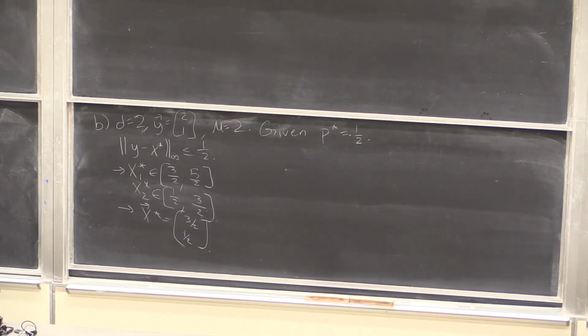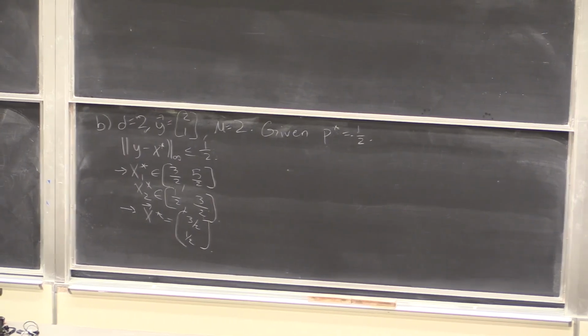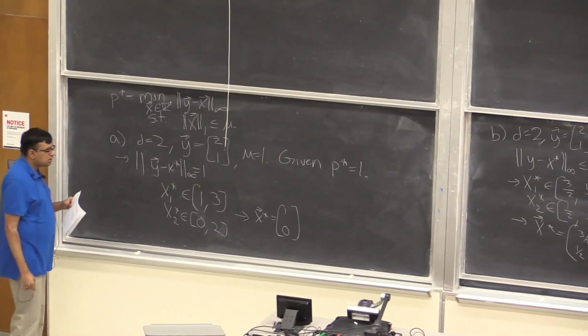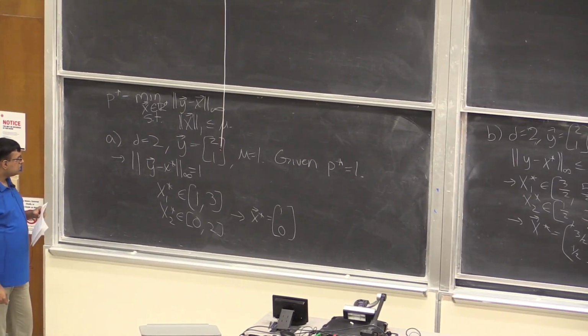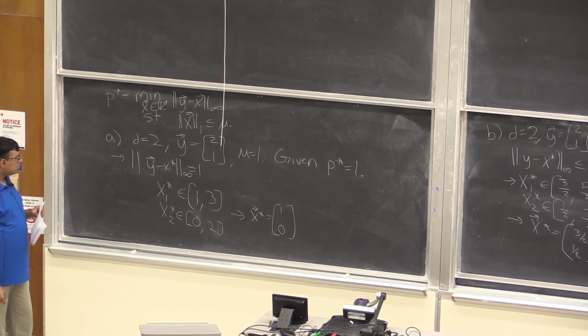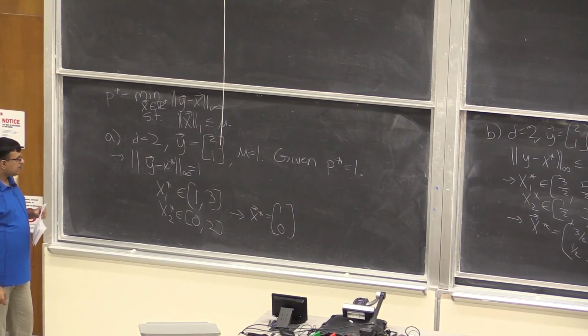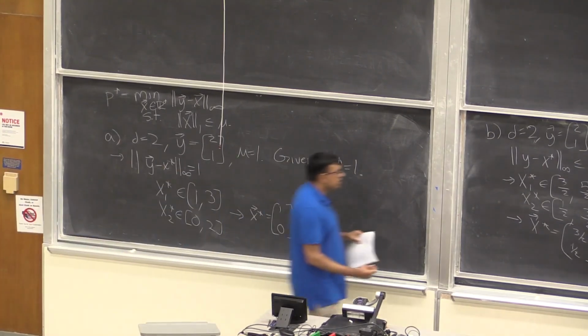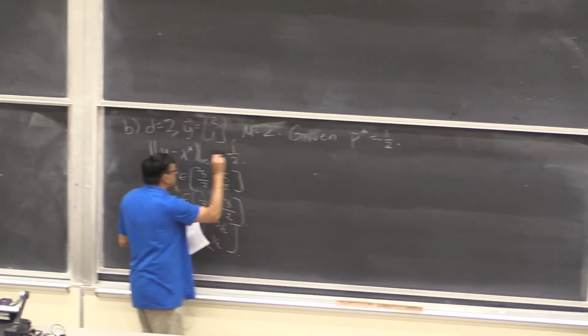Go for it. On the left board, why are you writing the objective as an equality, but then on the right, you're writing it as a less than or equal to? Oh, yes, that's a good point. Yeah, this is a typo. Equal to.